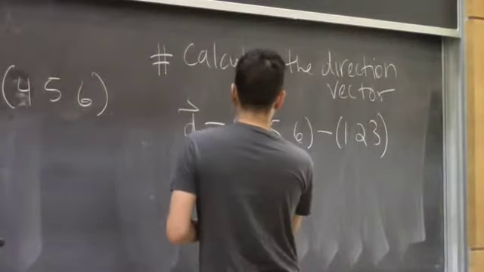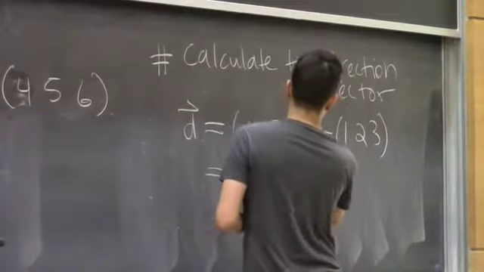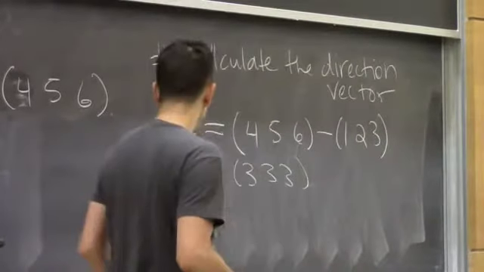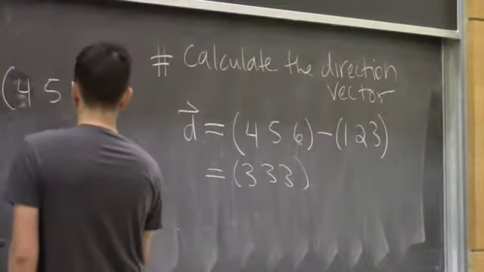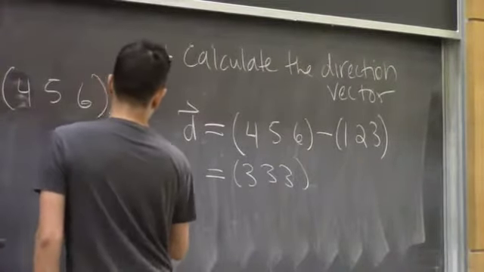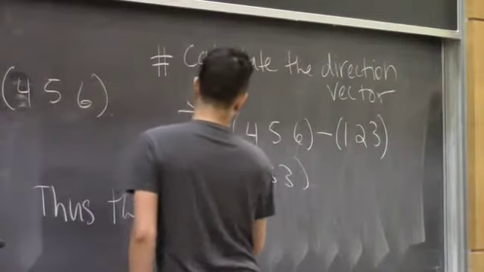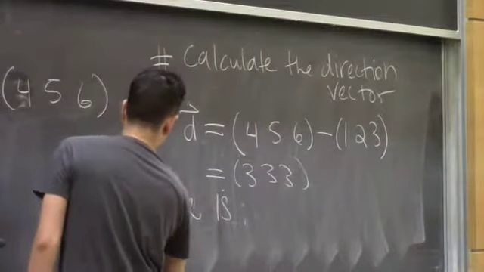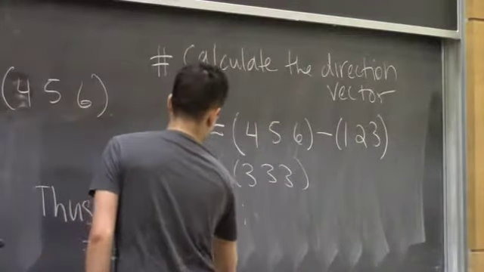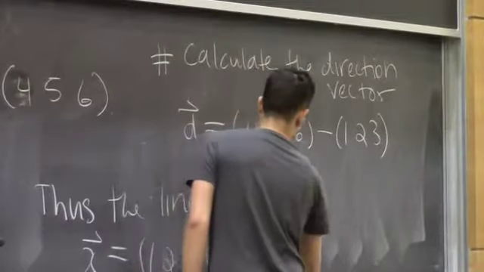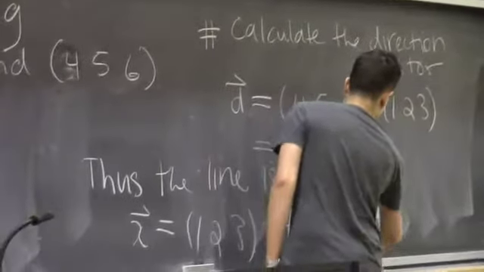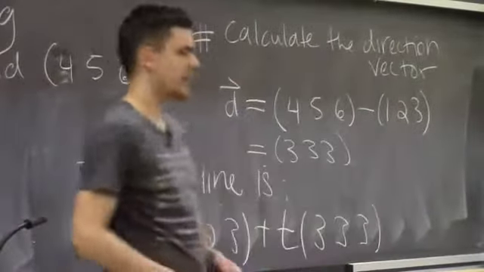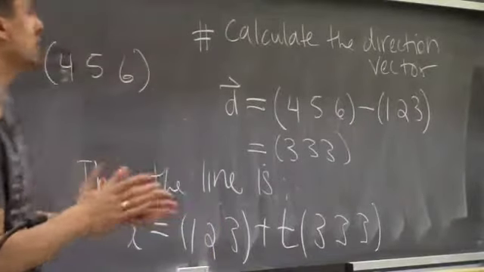Okay, so we get 3, 3, 3, and thus the line is like that. So we plug everything back into our formula.